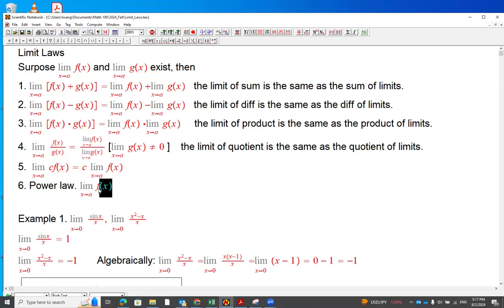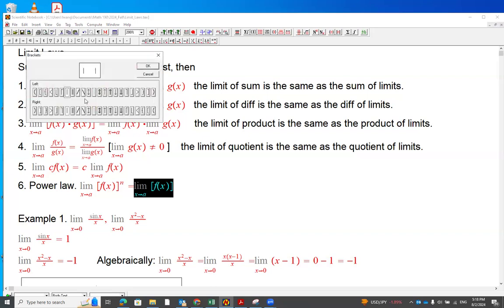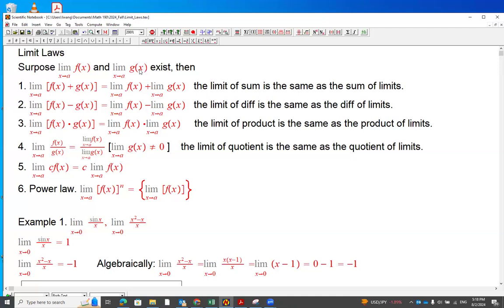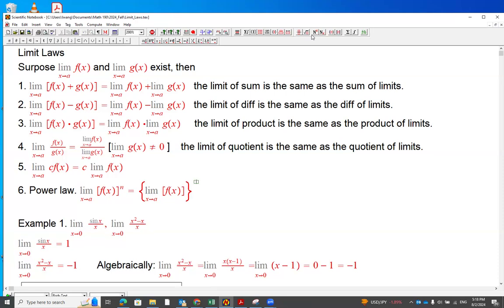Under this condition, the limit as x approaches a of f of x raised to a power of n, if this limit exists, is going to be equal to the limit to the power of n.